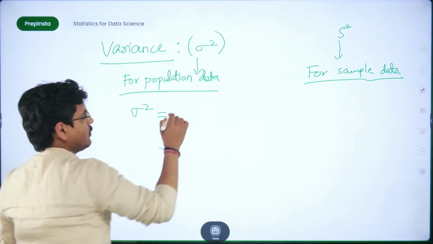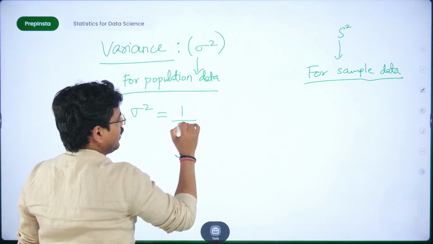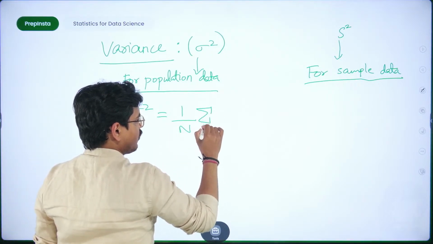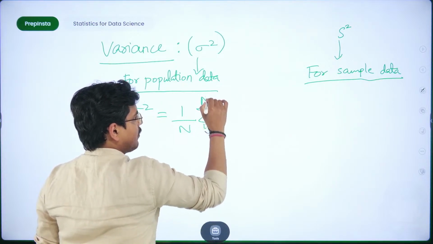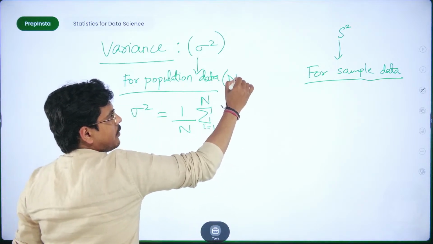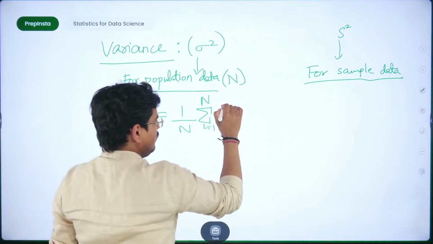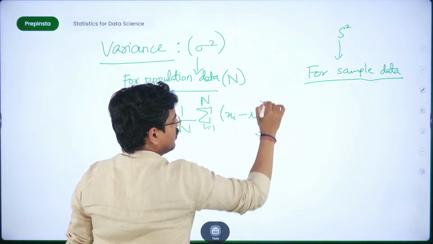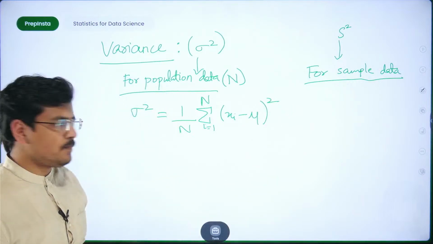This is nothing but 1 upon N, fine, summation of i equal to 1 to capital N, because population data size was capital N, right? Then (xi minus mu) whole square, fine.